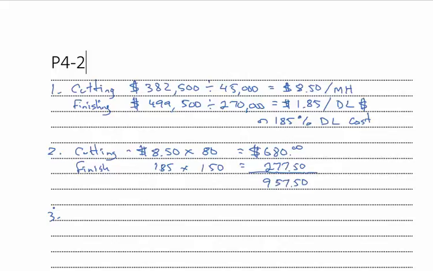Because we've got one that allocates on direct labor hours and one that allocates on machine hours, and the departments are very different, right? One department is almost all machine hours, the other department is almost all labor hours. That allows us to conclude that yes, there would be a significant difference if they went to a single plant-wide overhead rate.